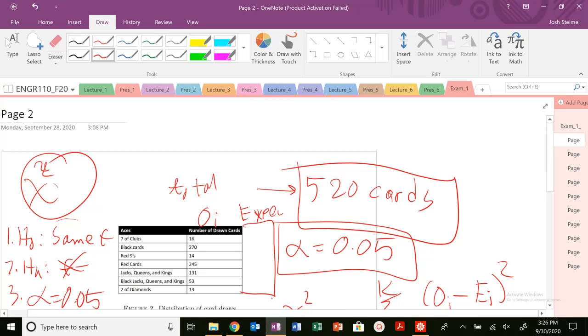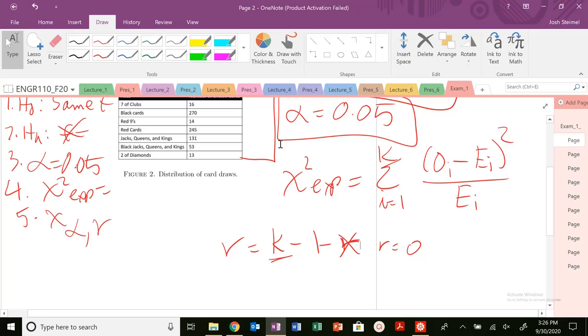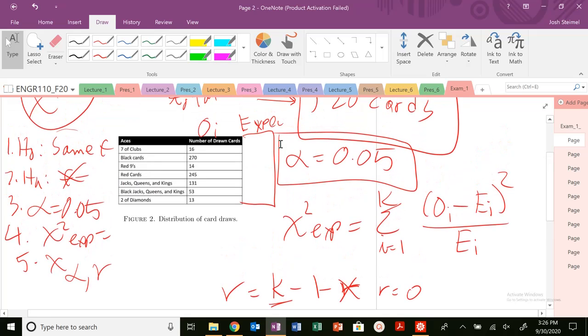No, 520 is our total, our n, the number of times the player drew a card. k is our number of outcomes or variables being considered. So we count 1, 2, 3, 4, 5, 6, 7. So 7 minus 1 gives nu equal to 6, and we look up chi-squared 0.05 with 6.